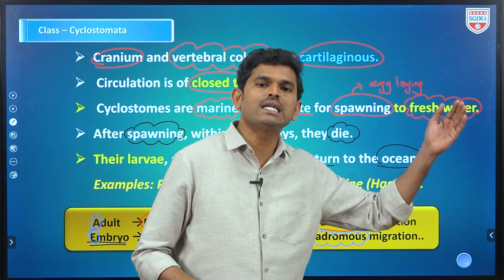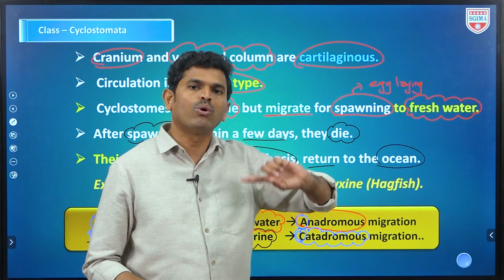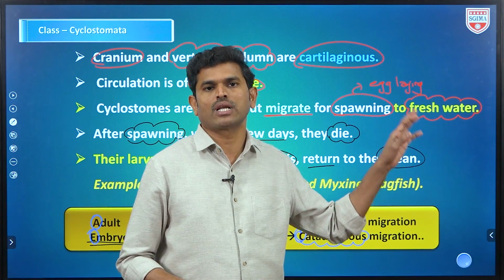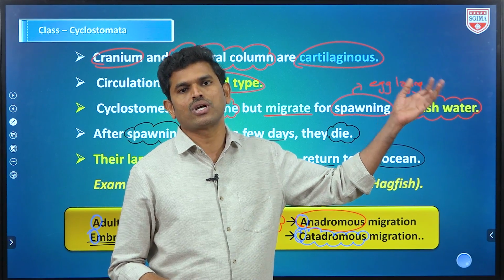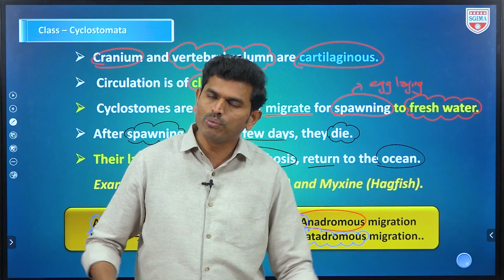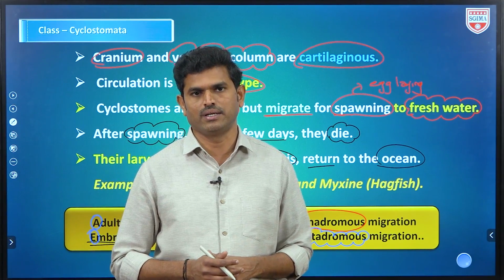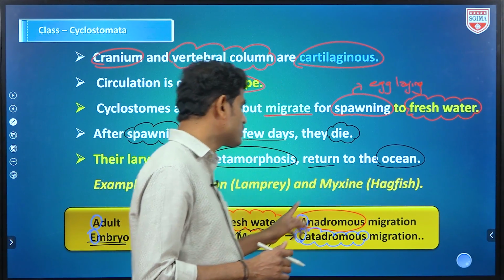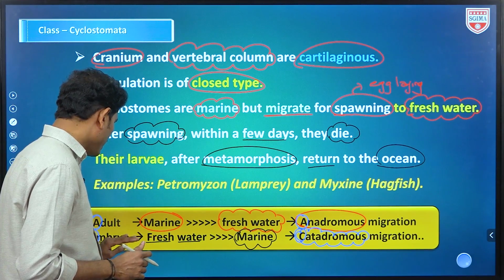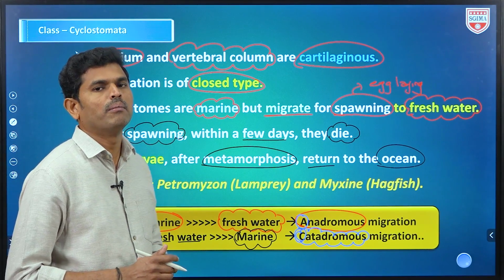Reaching those areas where their parents came from, they become young ones, and again start to reproduce. For that they too have to come to freshwater. Okay, adults show the anadromous migration and embryos show the catadromous migration.